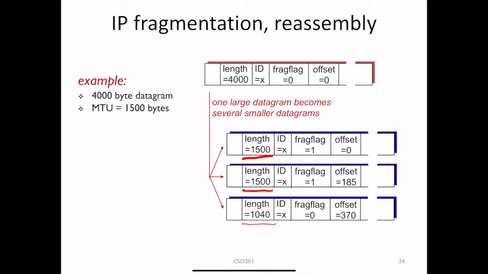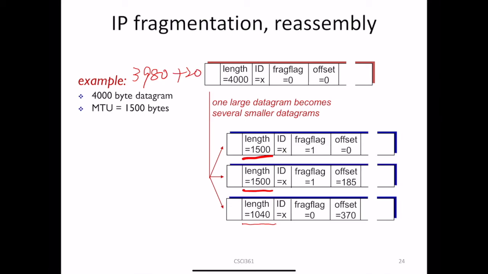And then let's look at the original datagram. Since we already know that when the segment passes into the network layer, it adds 20 bytes of IP header to the original segment, in this 4,000-byte datagram, 3980 bytes are the segment or the original data, plus the 20 bytes of IP header.